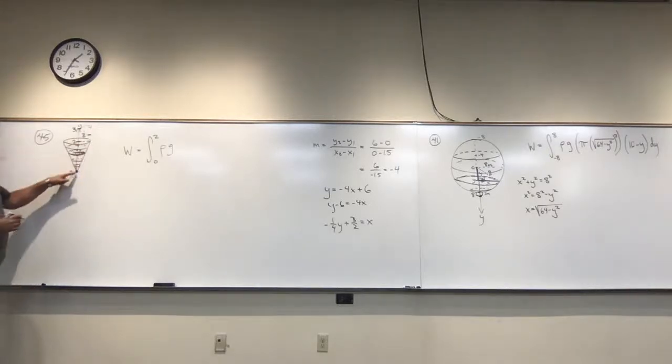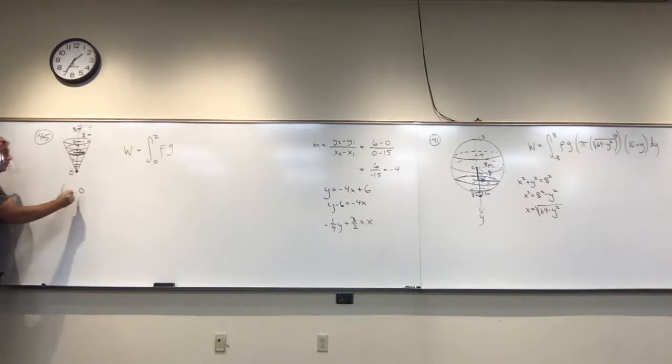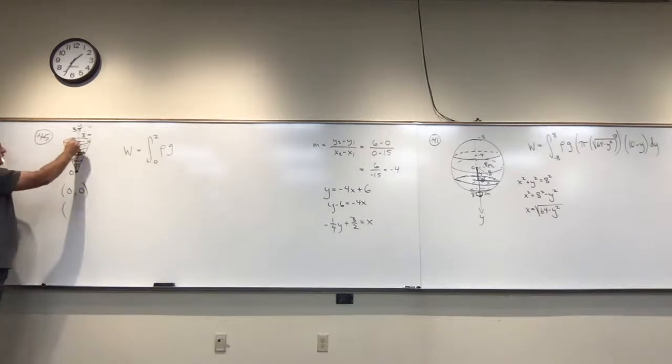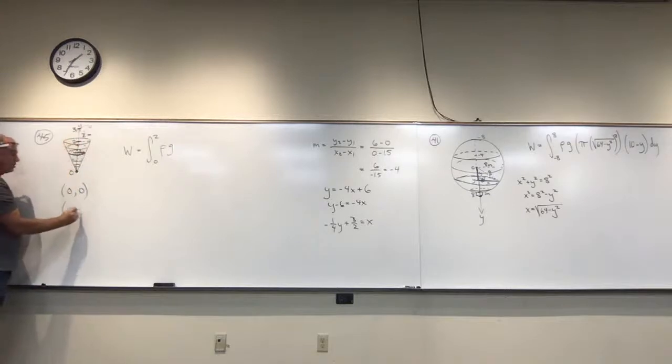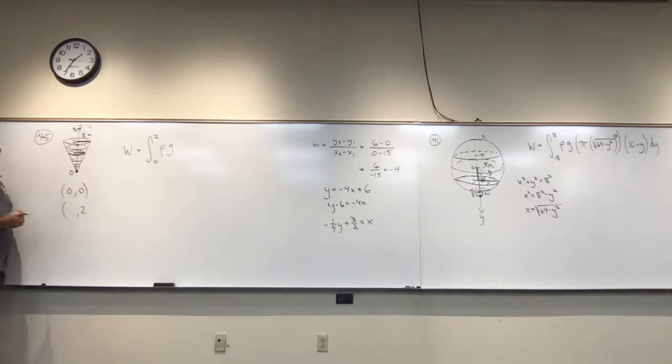Again, it would be very nice to know the equation of this line, but I set it up differently this time. So if y is 0, what is the radius? x is 0. Up here, this is a y value. So if y is 2, then x is what? 1/2.